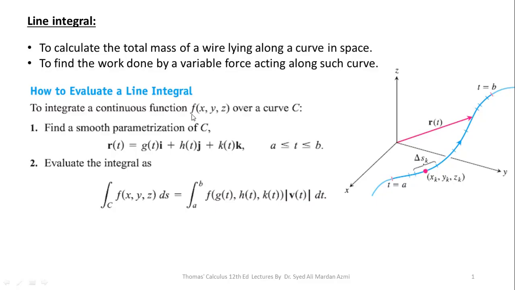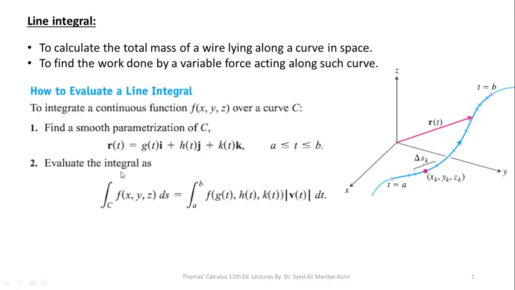To integrate a continuous function f of x, y, z over the curve C, we find the smooth parameterization of C, that is r of t equals g of t i plus h of t j plus k of t k, for limits a to b. Here the limits of parameter t are between a and b, where a is the starting point and b is the ending point of the curve.